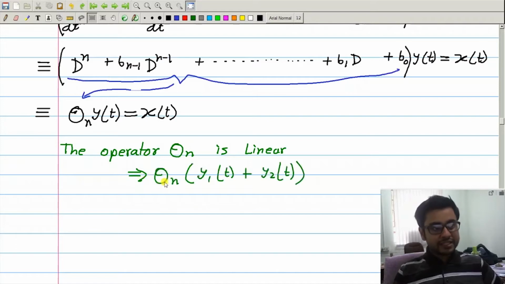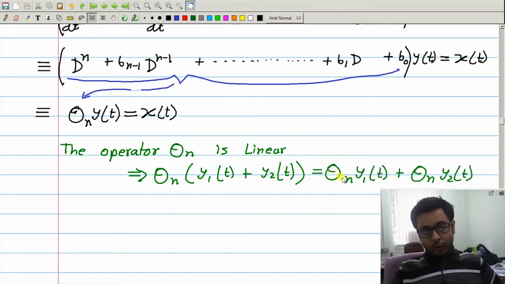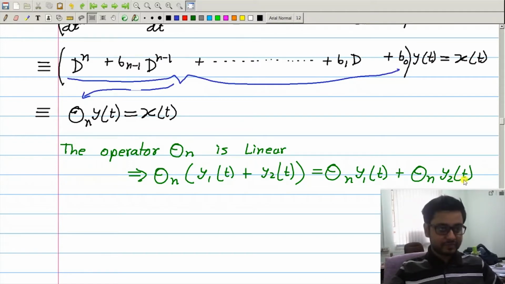So I can write this operator O_N acting on the sum of y1 plus y2 is same as operator O_N acting on y1 plus operator O_N acting on y2 separately. You can verify this yourself. Anyway, differentiation operation is always linear.